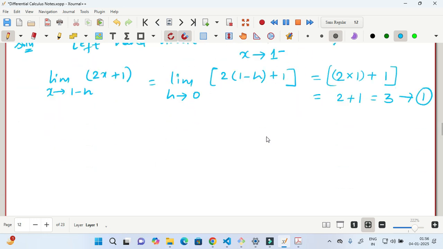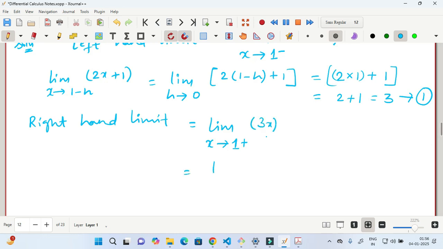Now the right hand limit. What is the right hand limit? Limit x tends to 1 plus. You have to select the 3x function. So this is equal to limit x tends to 1 plus h, which is 3 into (1 plus h).